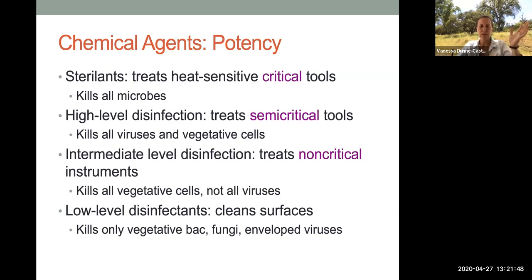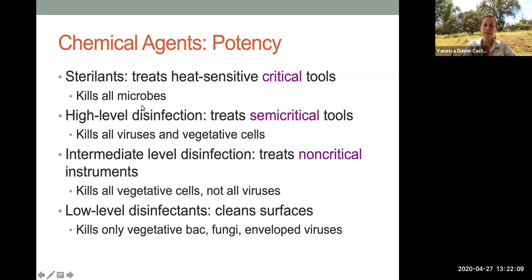Then you would use a sterilant that's a chemical agent instead of an autoclave. But otherwise, an autoclave is used preferentially to sterilize any type of critical tool, unless then you would use a chemical sterilant.